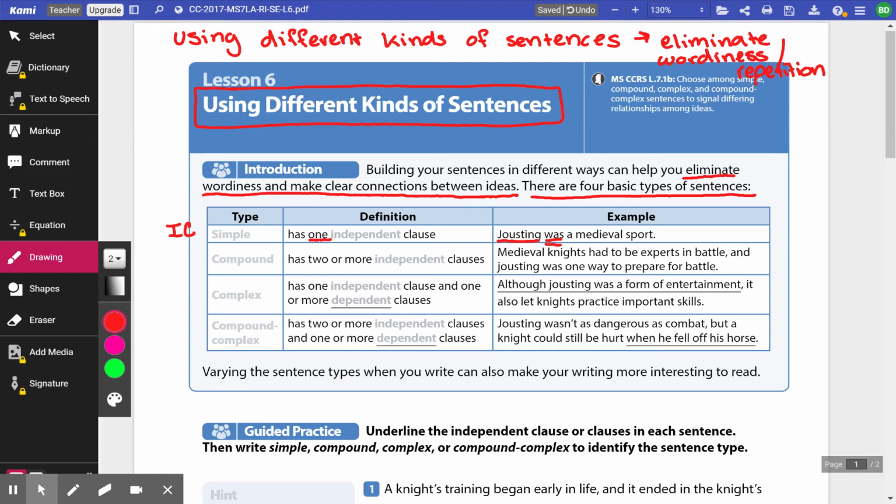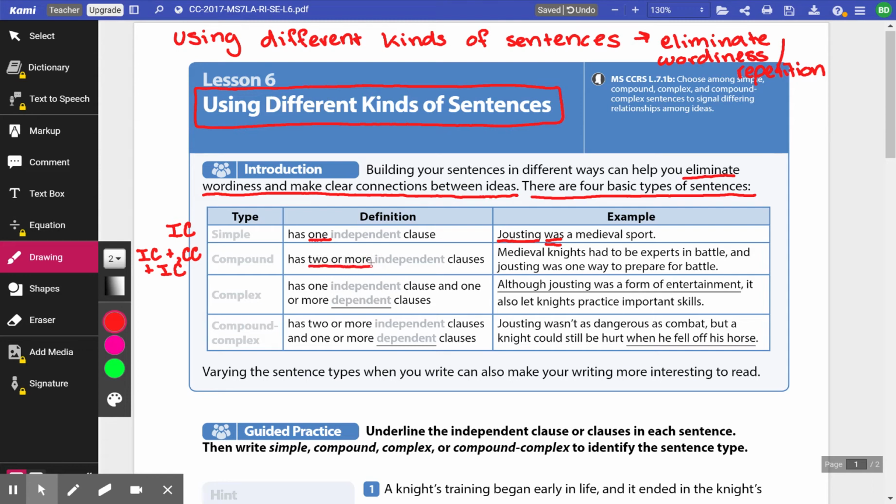So the second type of sentence that it gives us is our compound sentences. So a compound sentence is an independent clause plus a comma with a coordinating conjunction and then another independent clause. So that is our compound sentence. So the definition the workbook gives us is that it has 2 or more independent clauses.